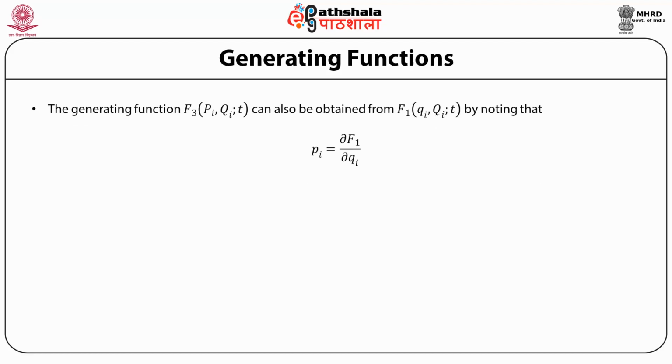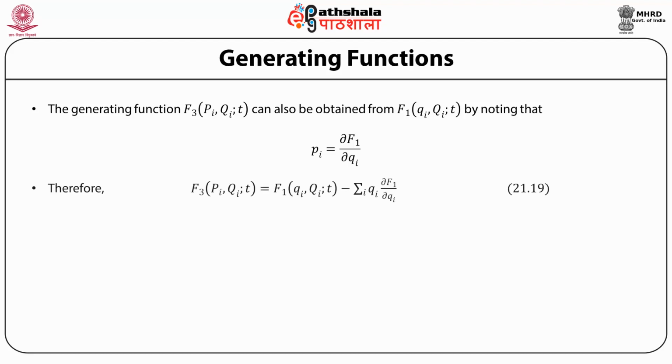Now the generating function F3, which is a function of old momenta, new coordinates and time, can also be obtained from F1 by noting that the old conjugate momenta can be expressed in terms of F1 as the partial derivative of F1 with the old coordinate qi.